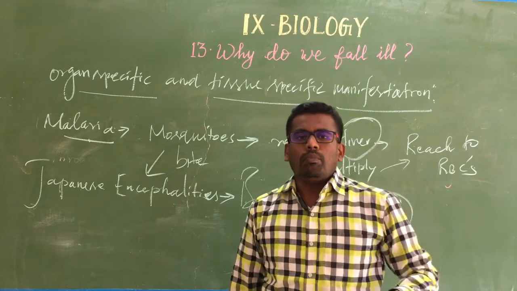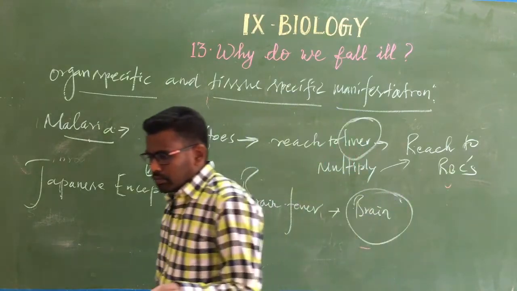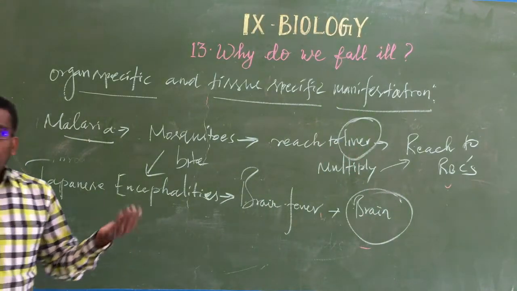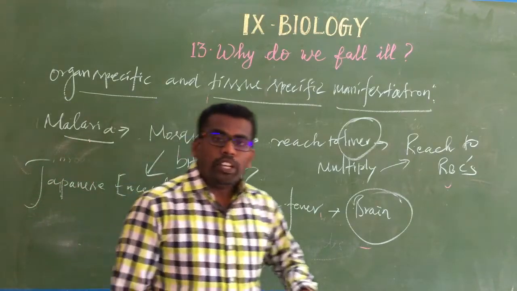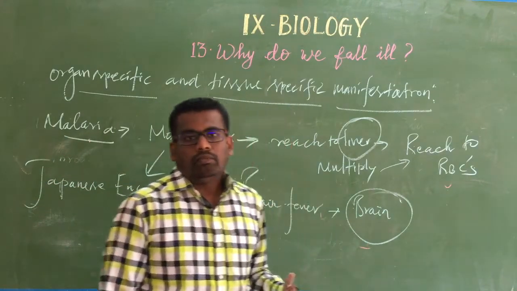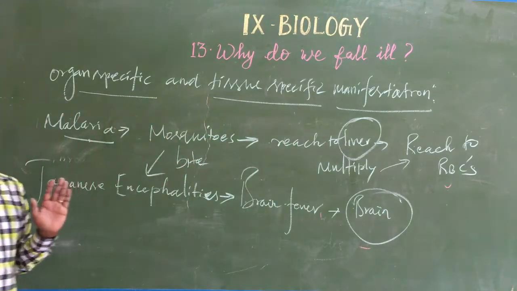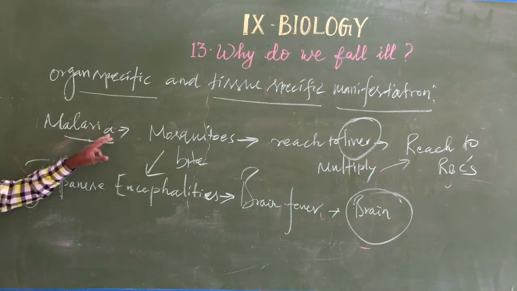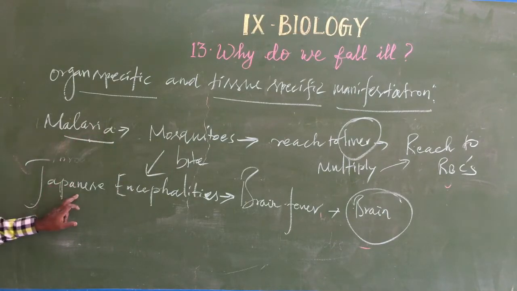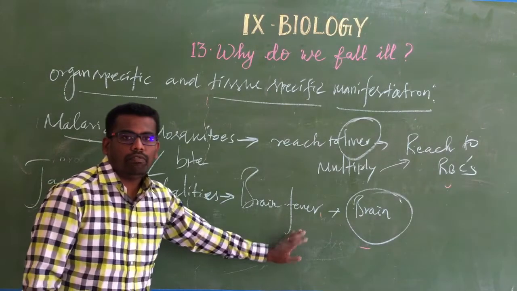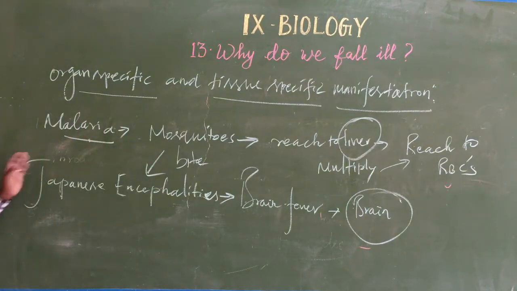So lungs போனா it causes TB, or else if it reaches the alimentary canal, it causes typhoid. Or through the mosquito bite. Mosquito bite, two diseases: one is malaria, another one is Japanese encephalitis. Japanese encephalitis is a brain fever. So through this way the microorganism enters.